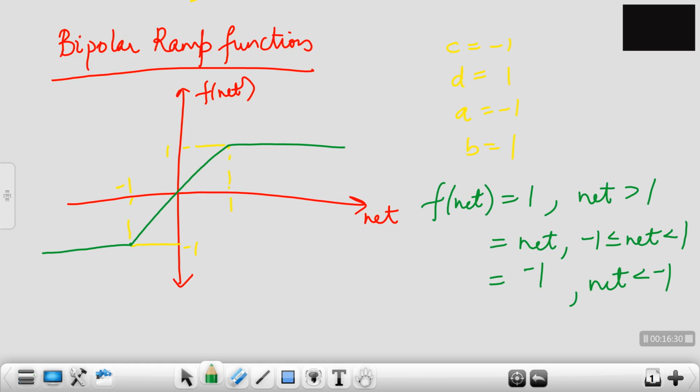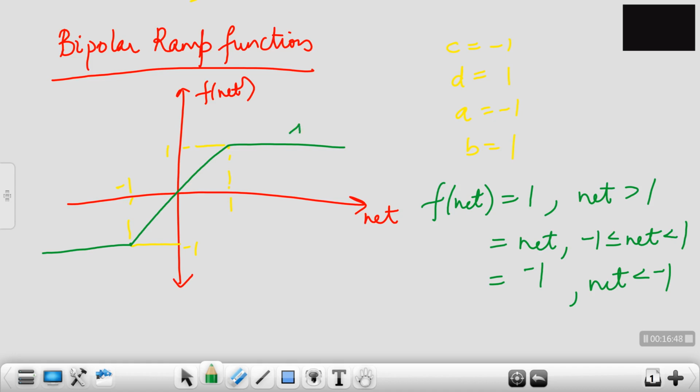Now, unlike step function, the ramp function is continuous over a small interval. So here also that continuity we have to check, and we have to check for whether the output saturates.